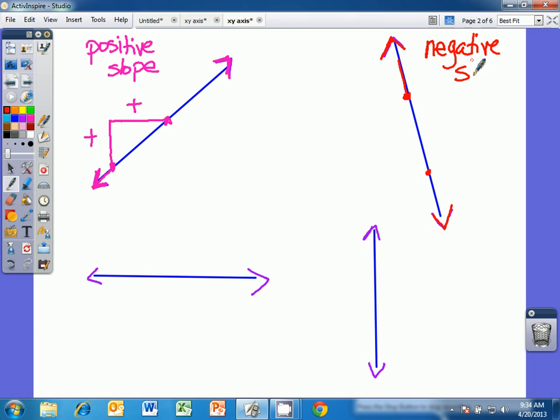We are decreasing from left to right. If I walk down, that means I'm going in the negative direction. And then I walk to the right, that's a positive direction. And so a negative divided by a positive determines a negative slope.